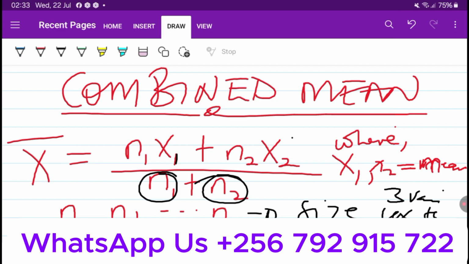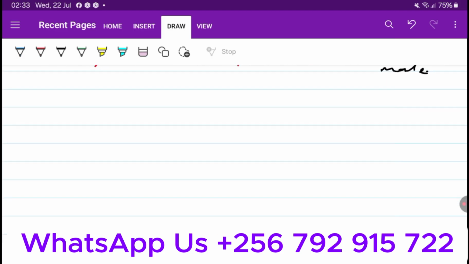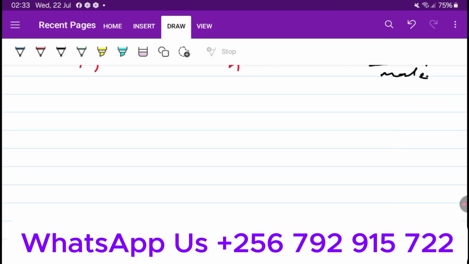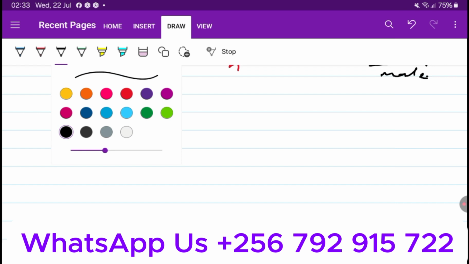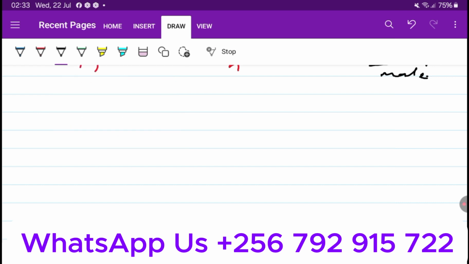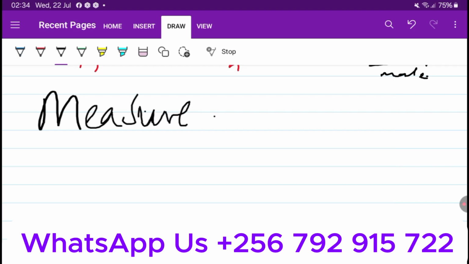So of course, this concludes the measures of central tendency, and what we are going to look at in the next video will be the measure of dispersion.